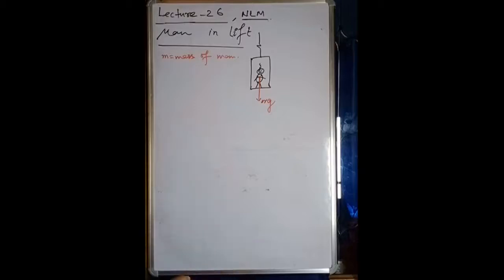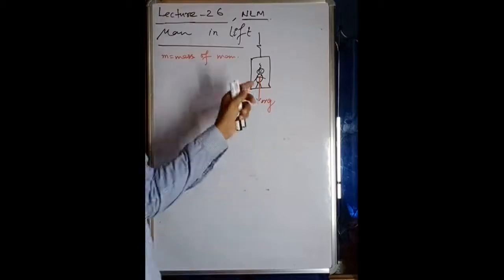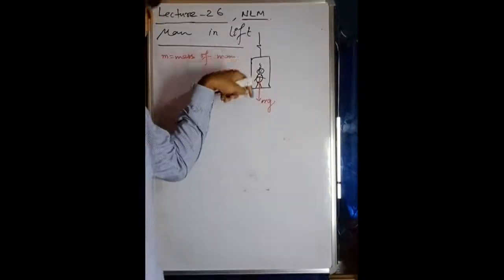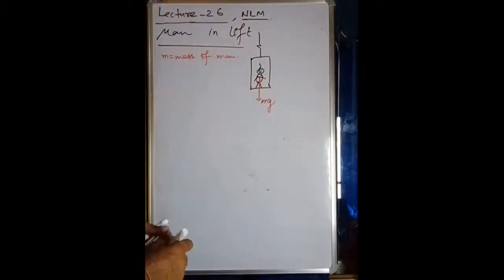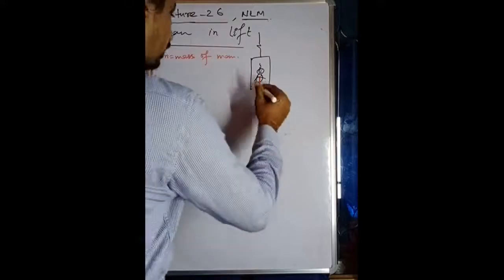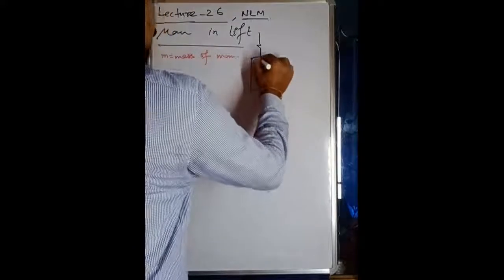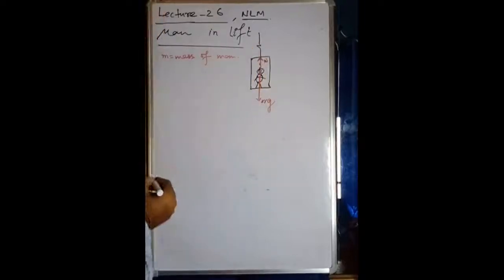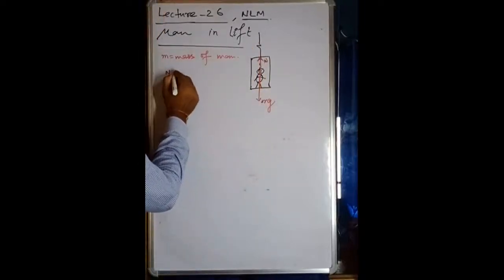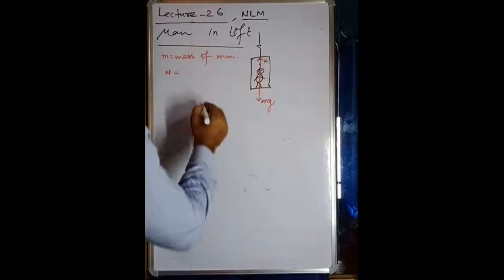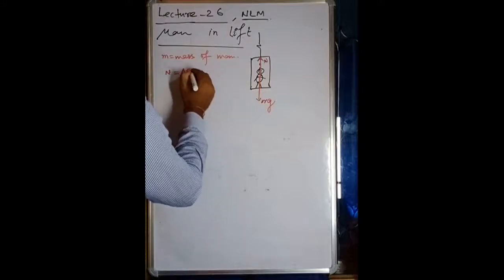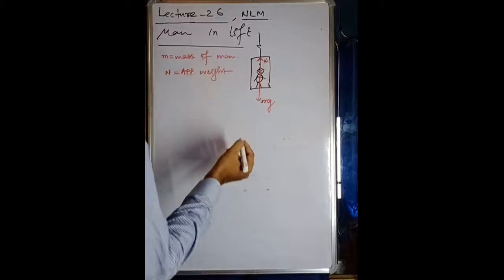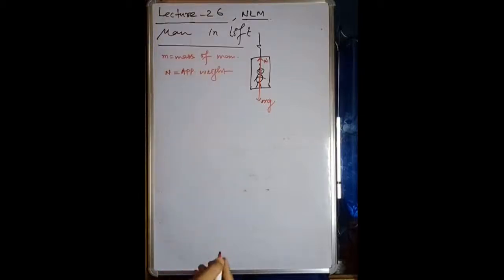Now if that particular man applies a force as the weight over the elevator, then the elevator will also apply some force, using the two legs, which will be the normal reaction. Actually, we are calling this N the apparent weight, or you can say the weight of the man inside the lift.